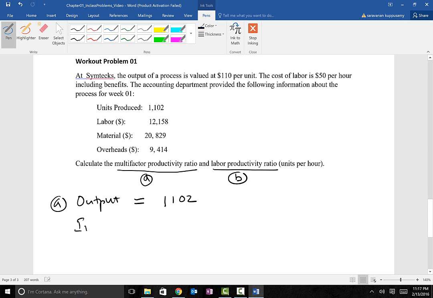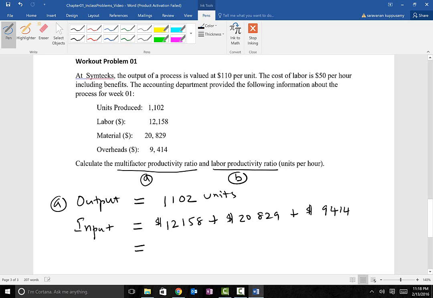And the input is basically the amount of money they spent in order to produce 1102 units. So you have to add up all the costs: 12158 plus $20,829 plus 9,414.